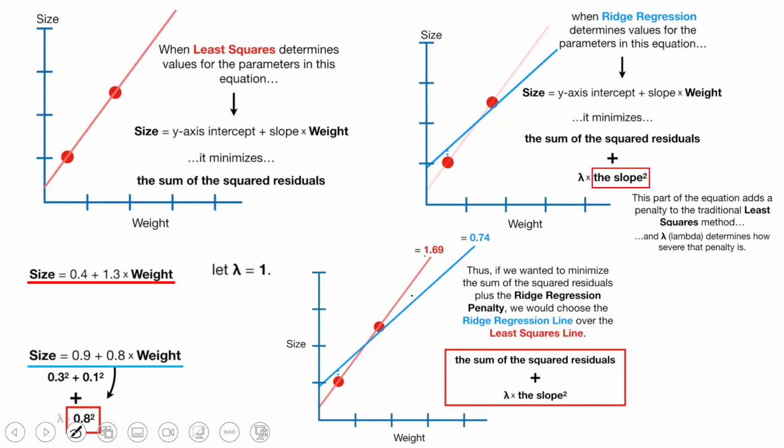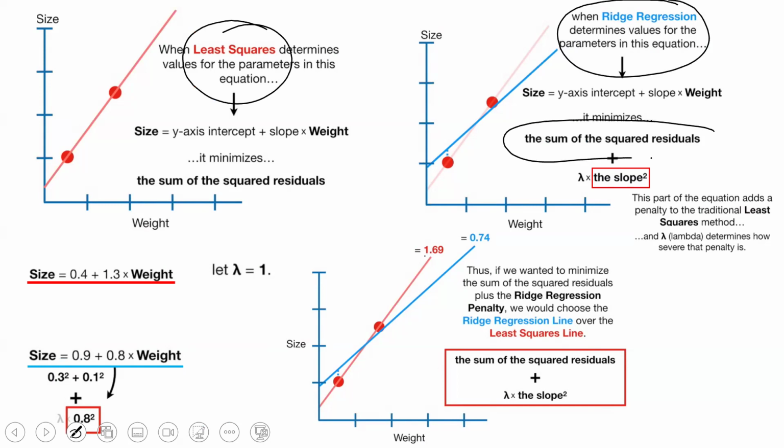So if you look at this, when least squares determines the parameters, we always take the sum of squared residuals, the difference between actual and predicted values. That is what we minimize when using the least squares method. But using ridge regression, along with the sum of squared residuals, we add another term, the bias.